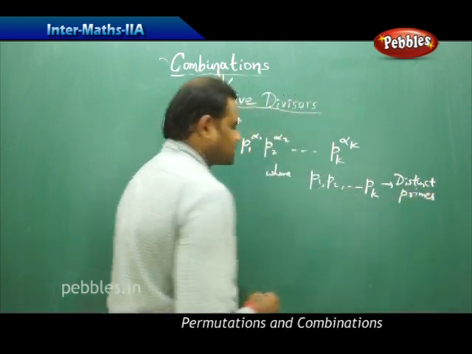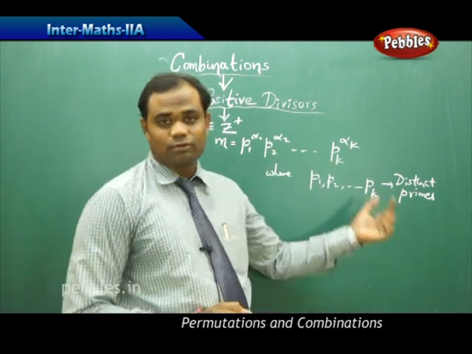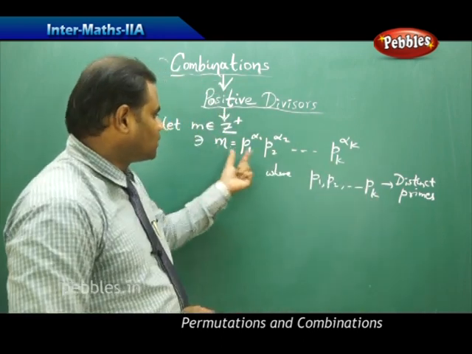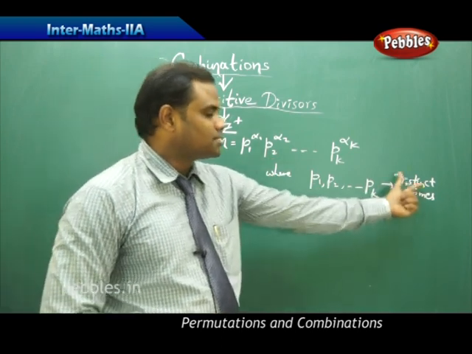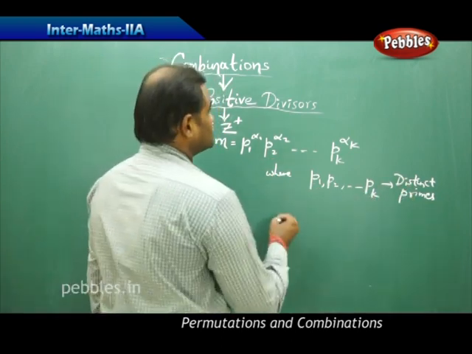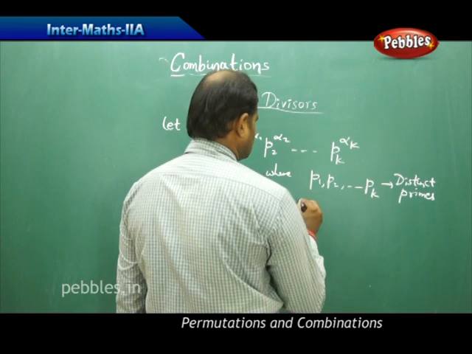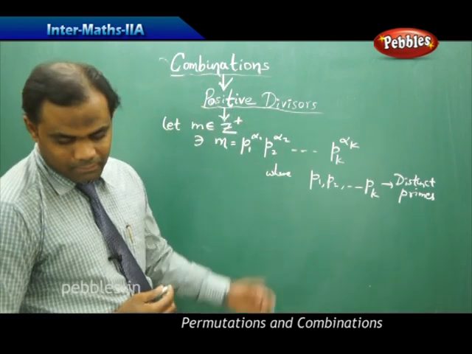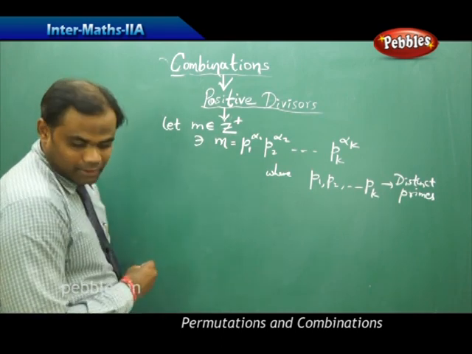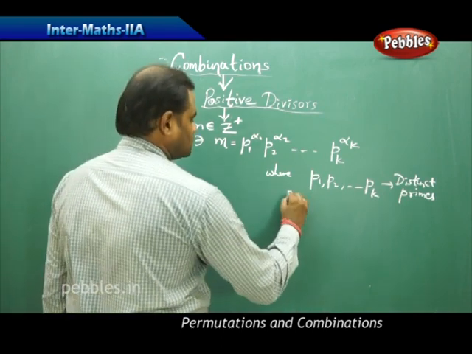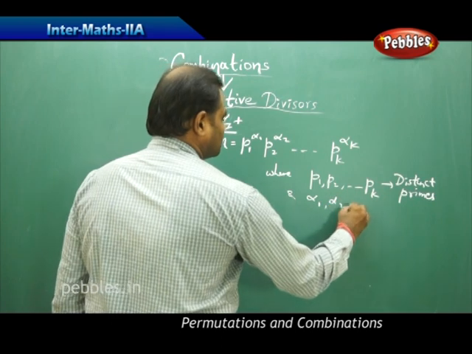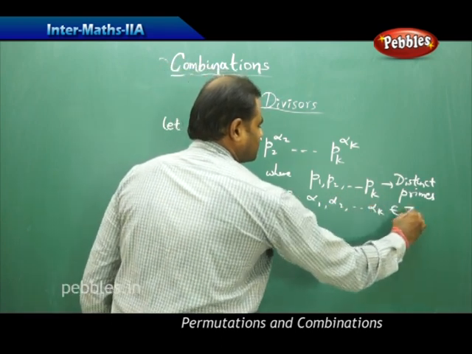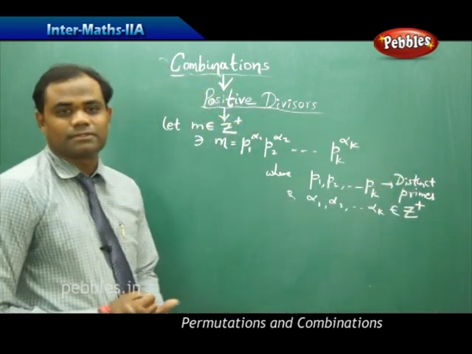That is, if I can express a number as a product of primes, then each of the bases is a distinct prime and the indices are integers. Then alpha1, alpha2 till alphak are called positive integers.